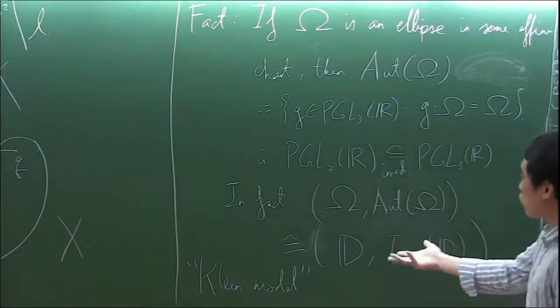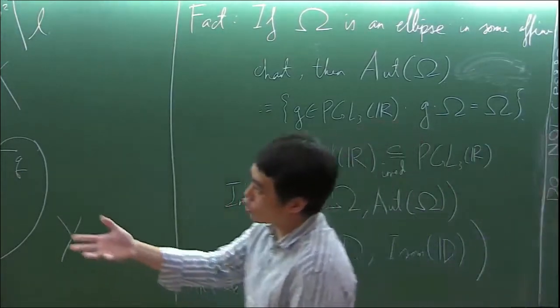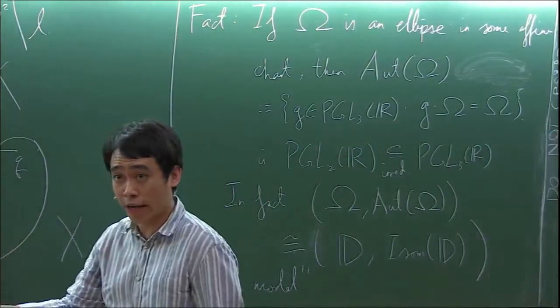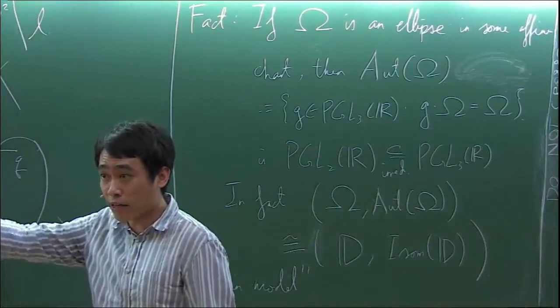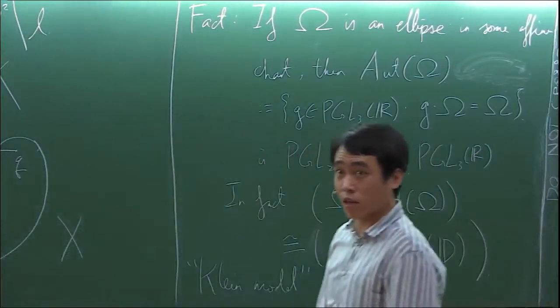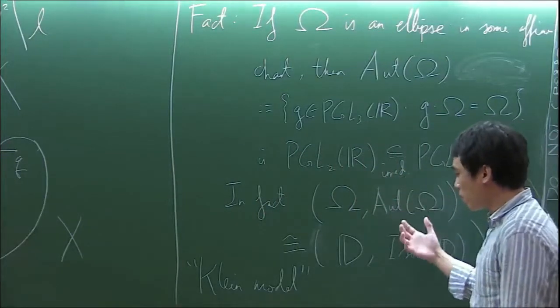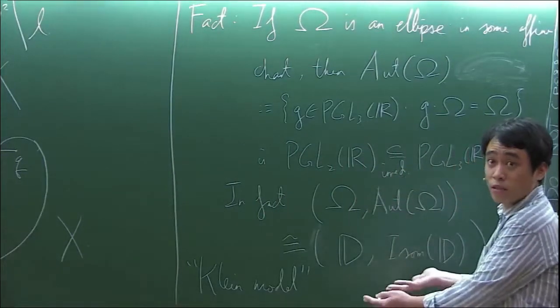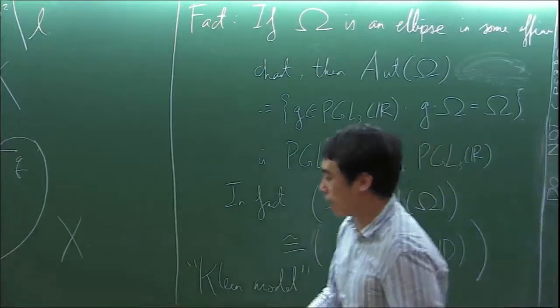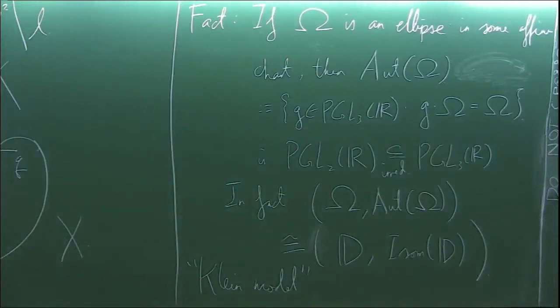So the natural question is to ask, if I have a more general properly convex domain, is there a natural metric I can put on that domain that is invariant under the automorphism group and generalizes what happens in this case? And the answer is yes. The metric you can construct this way is called the Hilbert metric, which is what we're going to talk about next.